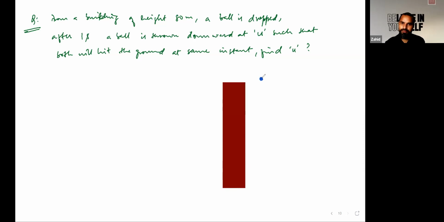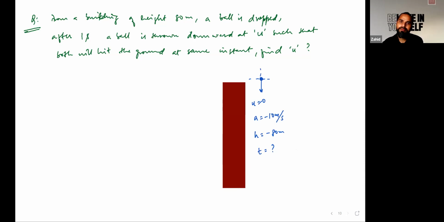So for first ball, it is just dropped. So take u to be 0. Acceleration is down direction, so minus of 10 meter per second square. And height is also down direction. So h is equals to minus of 80 meter. By using these terms, try to find time.